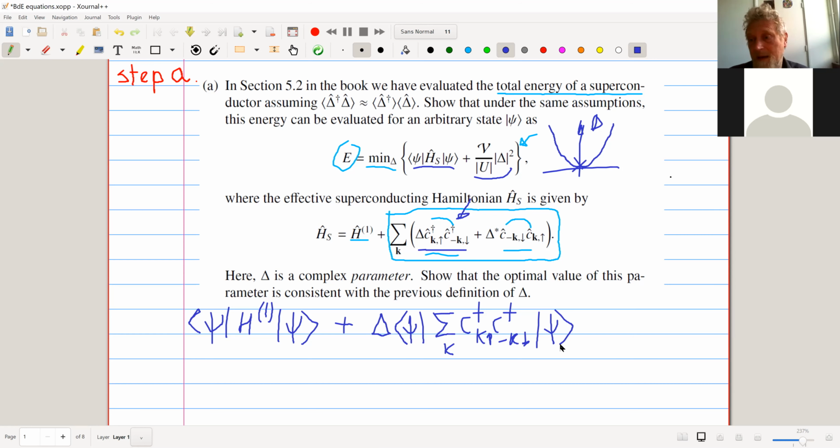But in order not to rewrite these C's again and again, let me recall that in the lectures we already had some notations for this combination of operators. First of all, an individual term is a creation of a Cooper pair in a state labeled by k.